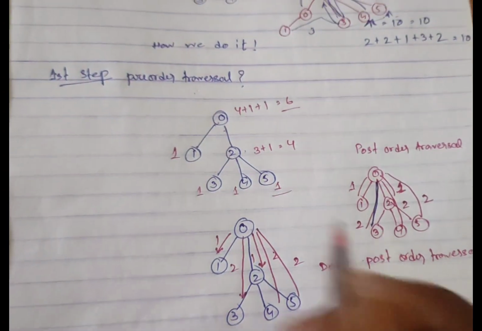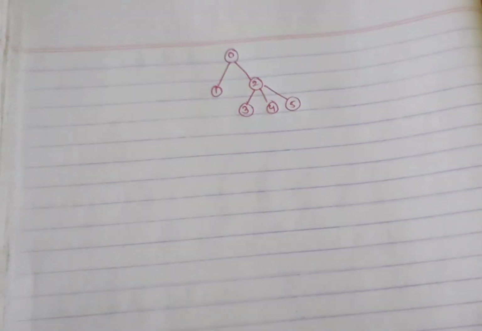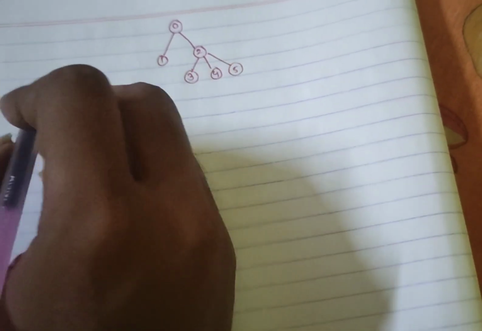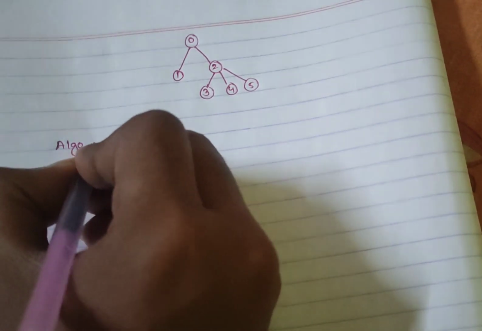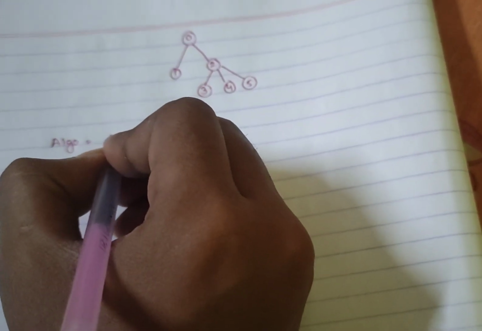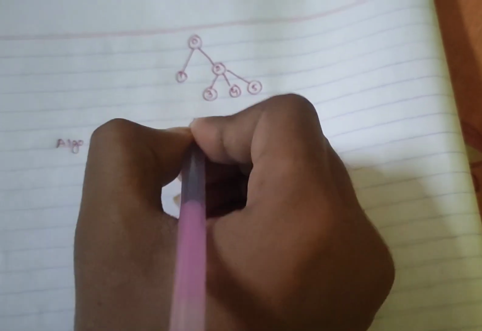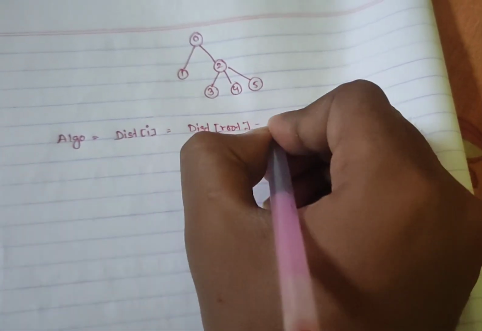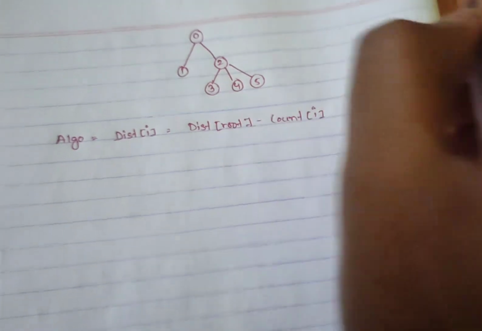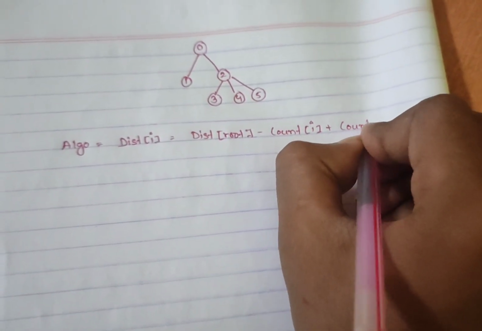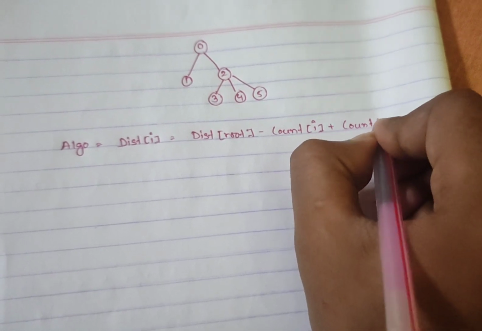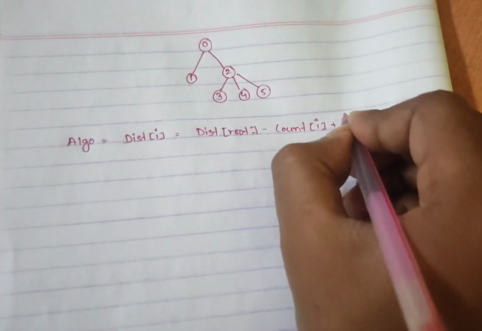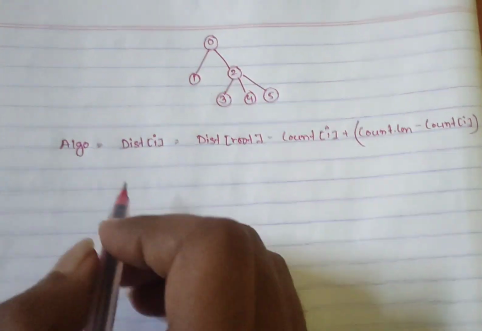Okay, now what are we doing? So you can check the tree. We are calculating all the sums. We are doing an algorithm. What does the algorithm do? Just check: distance of I is equal to dist root minus count of I plus count.length minus count of I. Okay, that's how it works.